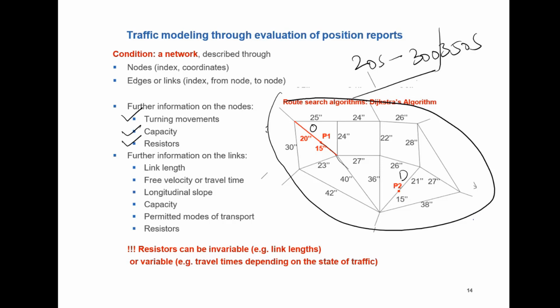And then, of course, each and every algorithm, whether it's a static algorithm, the shortest path algorithm, or the Dijkstra method, would like to reduce the length, ensure the free velocity, along with less longitudinal slope and higher capacity, so that we can also reduce the resistance along the length which we selected.